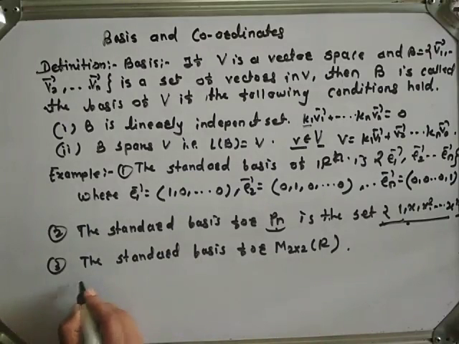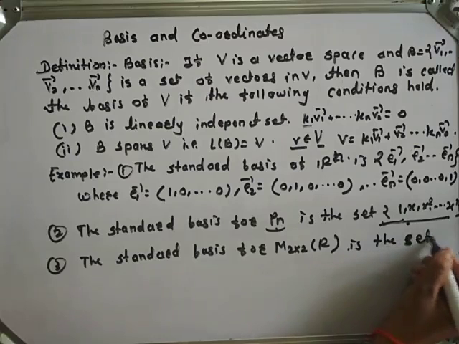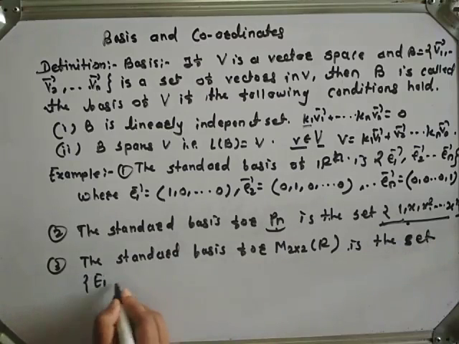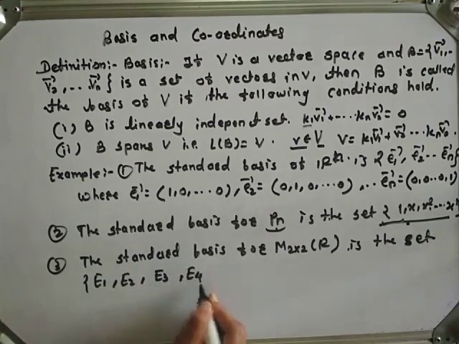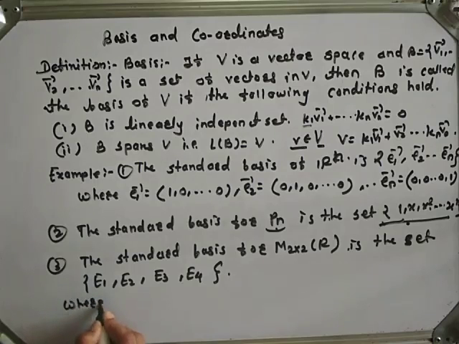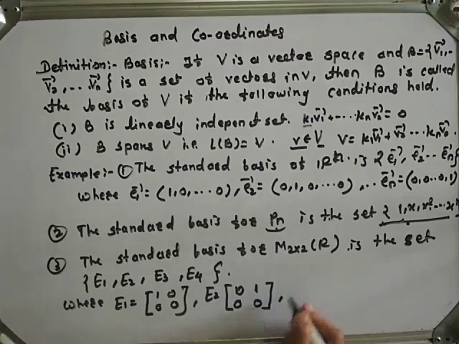The standard basis is the set {E1, E2, E3, E4}, where E1 is the matrix [1 0; 0 0]. E2 is the matrix [0 1; 0 0].